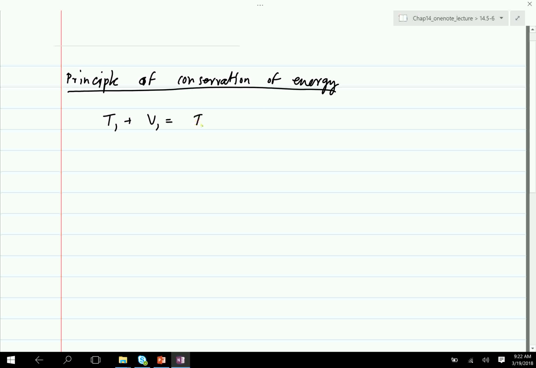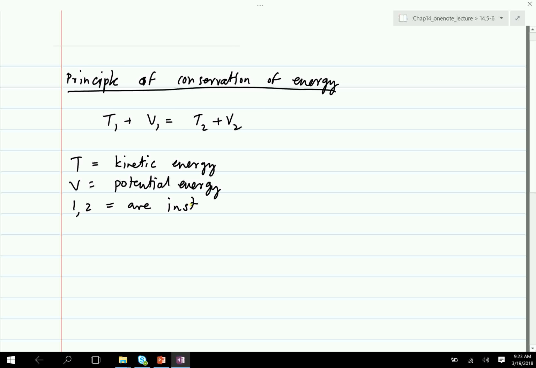T is the kinetic energy like we had defined it earlier. V is the potential energy. So when you take the potential energy, it is to be the sum of all the potential energy. It could be spring, damper, spring, gravity, and so on. 1 and 2 are instances of time.